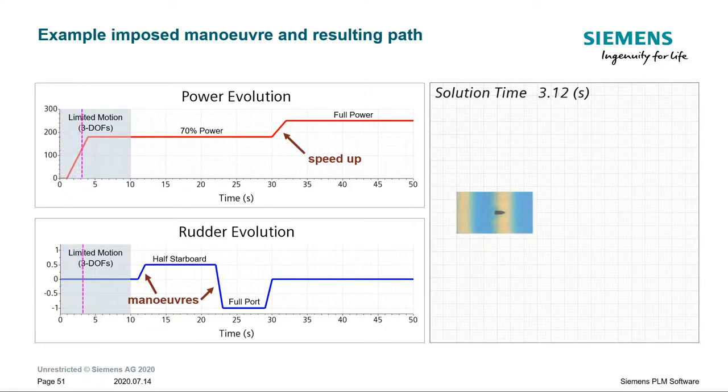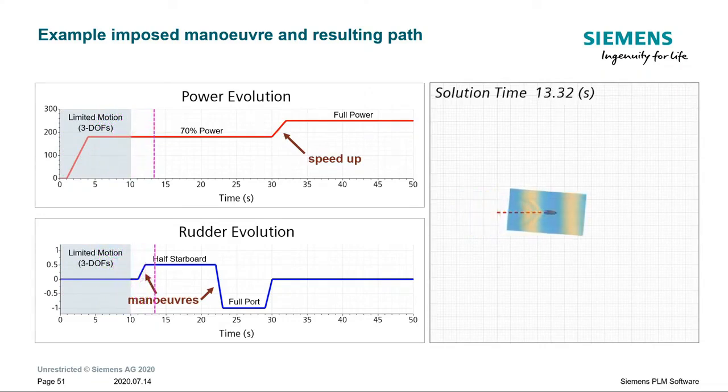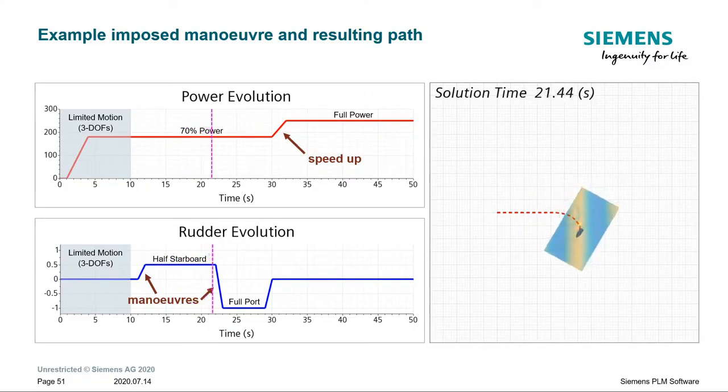So we see that the boat starts to advance at 70% of the power. Then at 10 seconds we start to turn starboard, and we can see our boat turning and describing a half circular path. And then we compensate with a full port maneuver, and we accelerate.